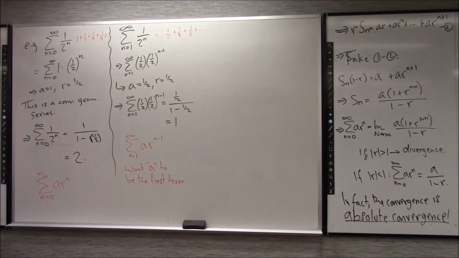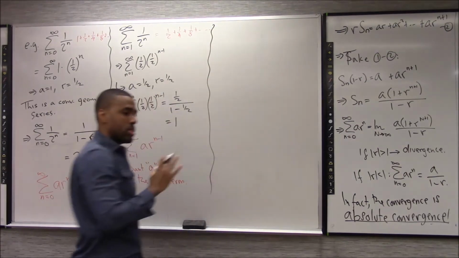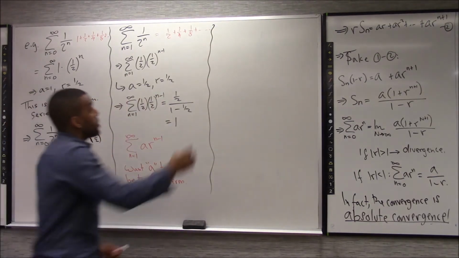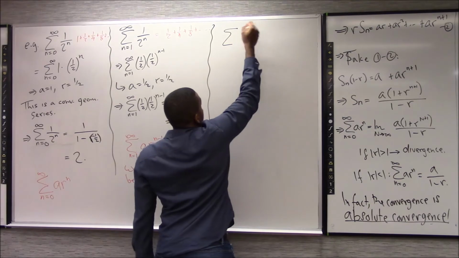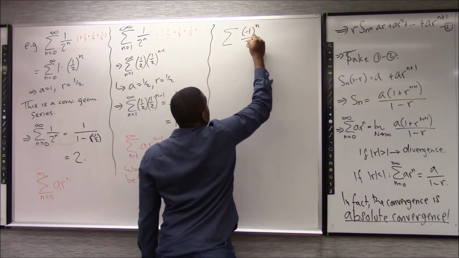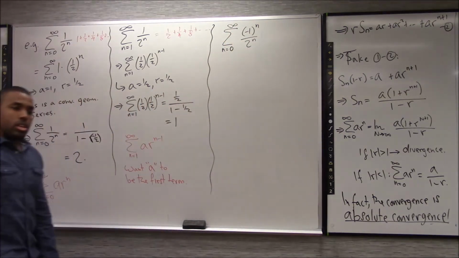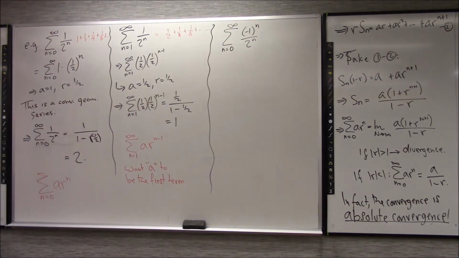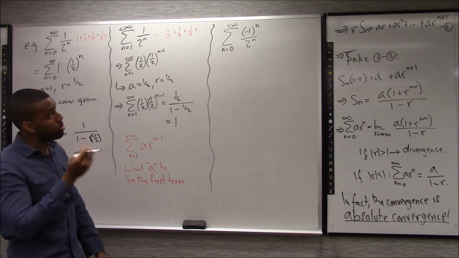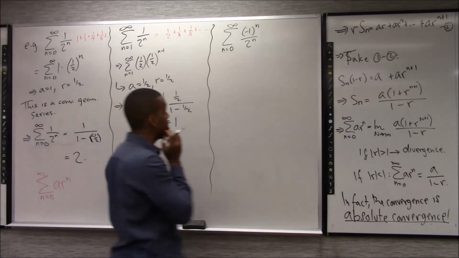I believe this was the example we constructed last time, but if I started from 0, it wouldn't make much of a difference. It's also worth noting, and we'll speak about series that have this form in general, they're called alternating series, but let's say I had something like this. This is called an alternating series because that minus 1 to the n will alternate signs: plus 1, minus 1, plus 1, minus 1. But as far as you recognize it as a geometric series, that actually doesn't matter. In other contexts it might.